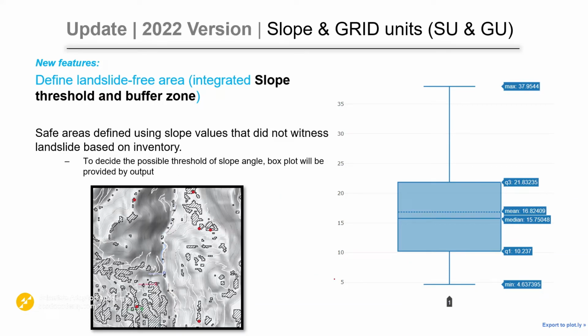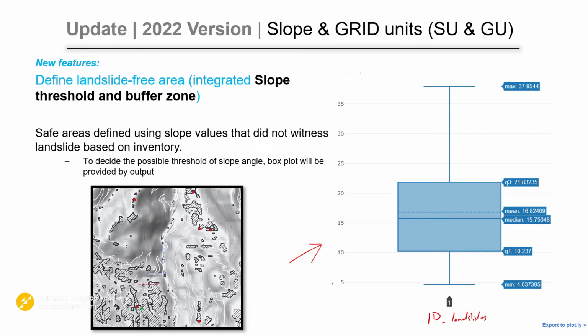So we will help you here with this nice representation. The tool will show you the box plot. This is the box plot, drawn using the ID of landslides.